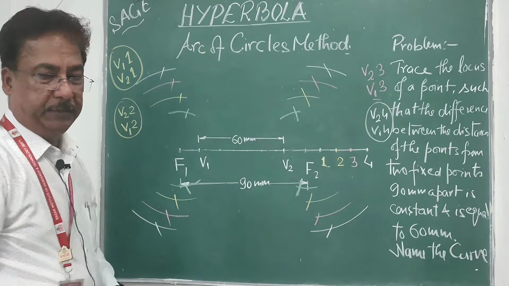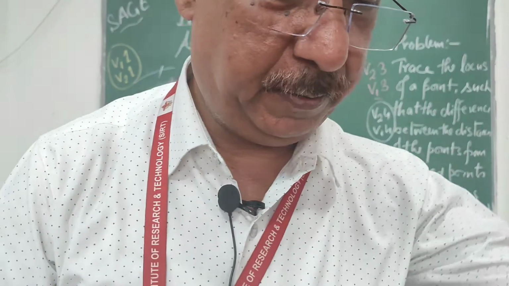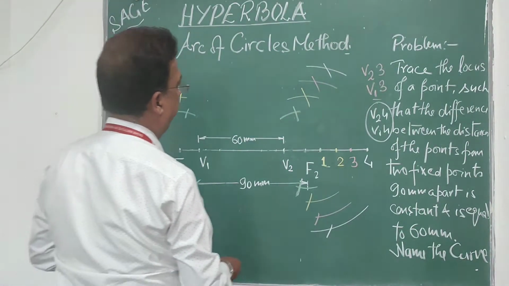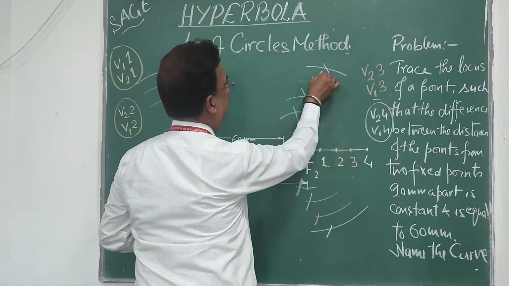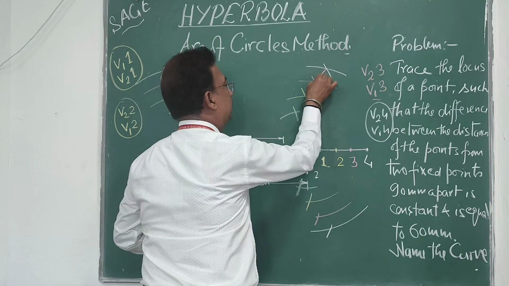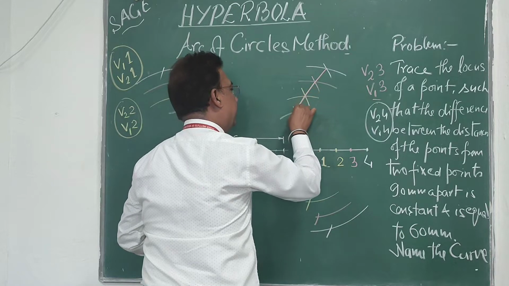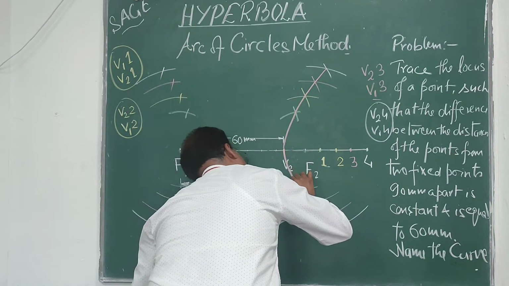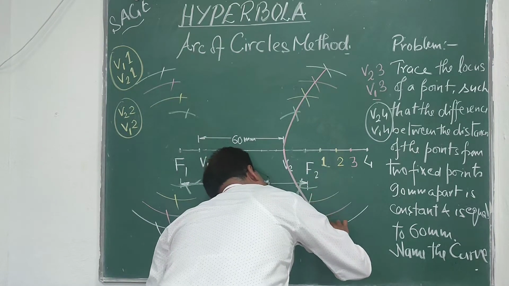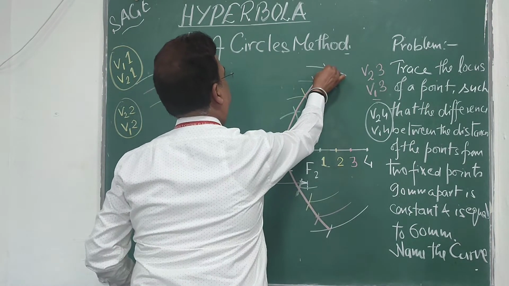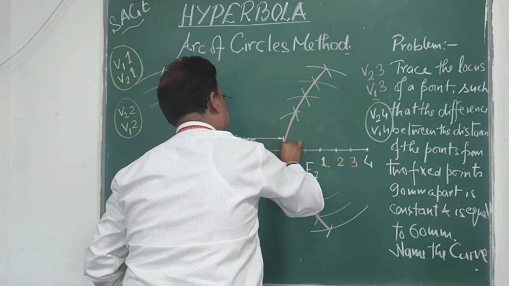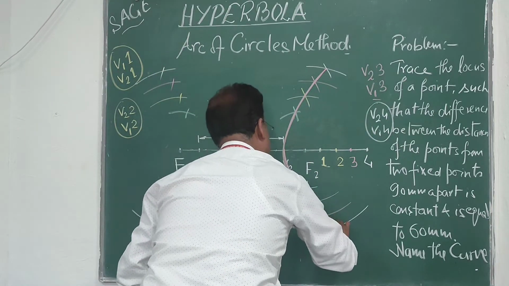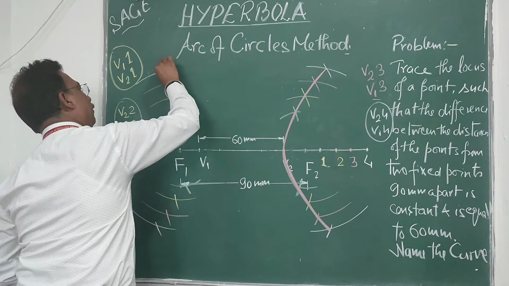Now look at these points. We have multiple points. If I join all those points with the help of freehand or with the help of a French curve, I can get the desired hyperbola. Same way on this side also.